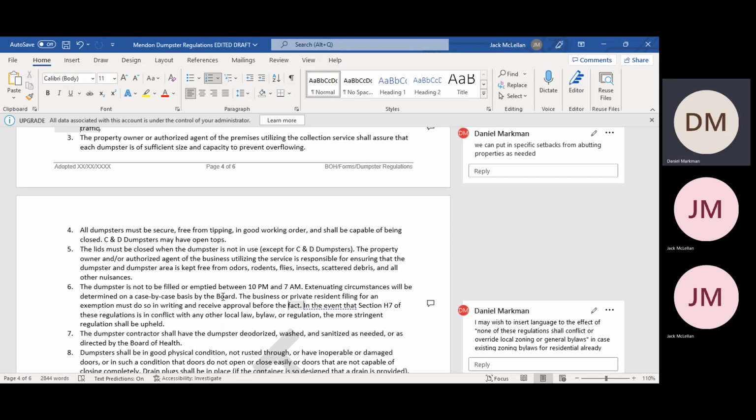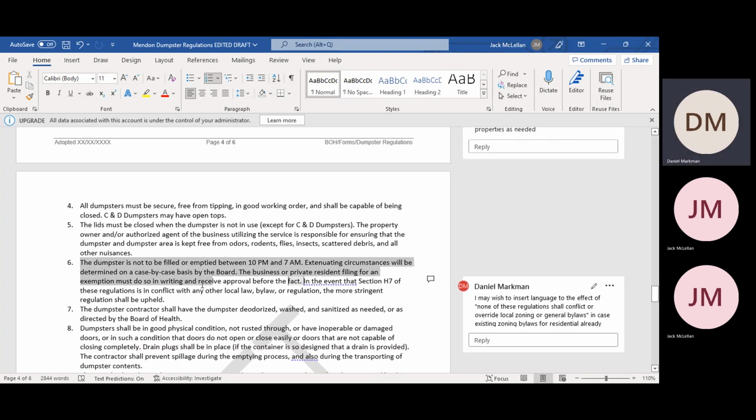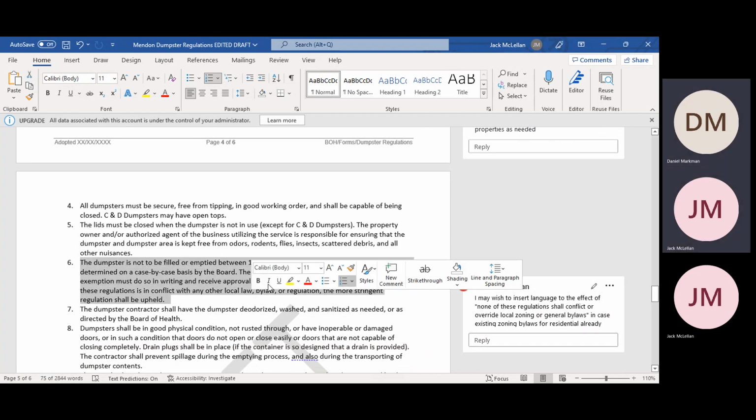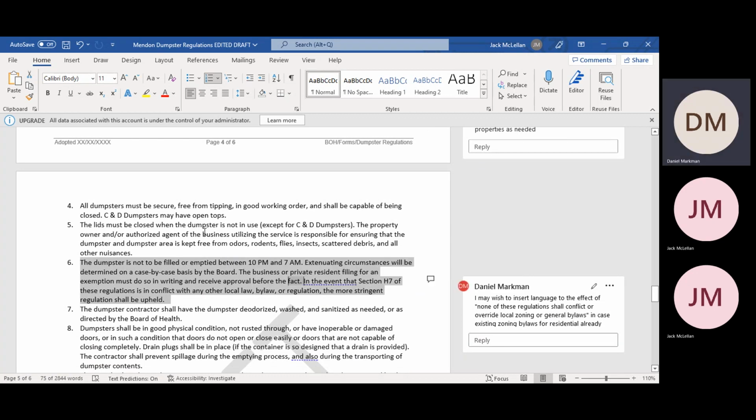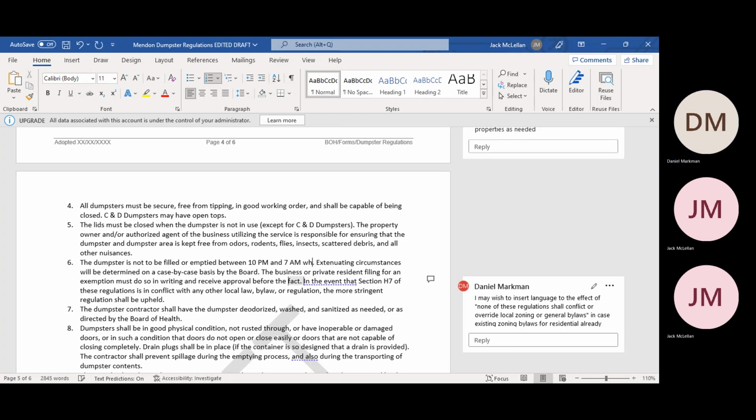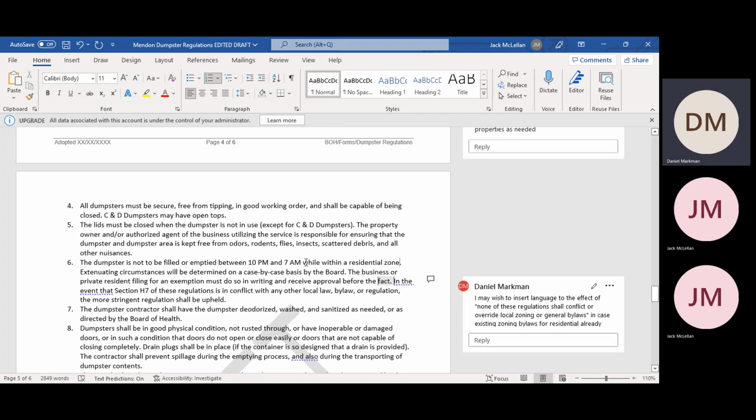A clarification under 6: after 10 p.m. and 7 a.m., I would add, while within a residential zone. This was brought to my attention by someone in another town.